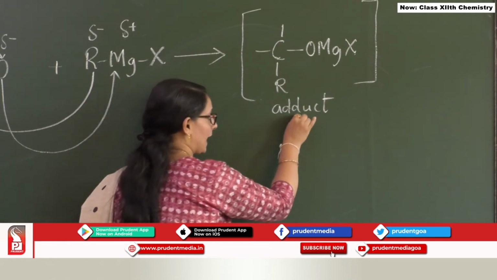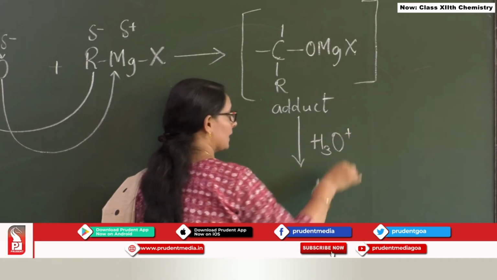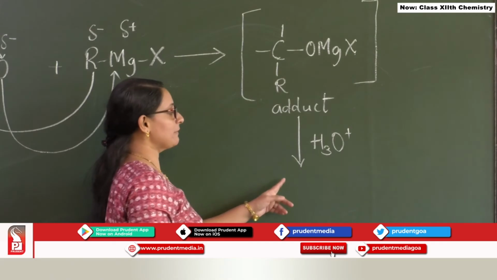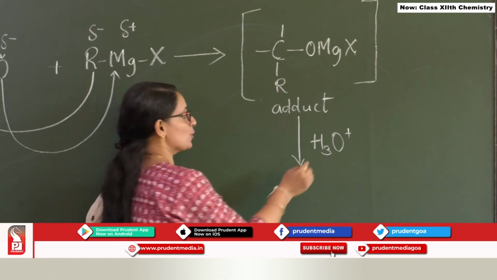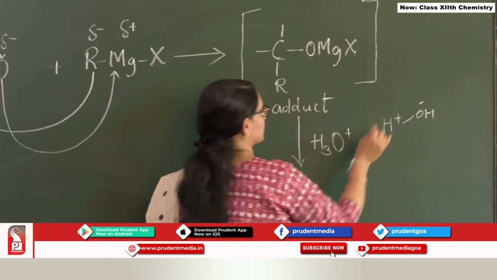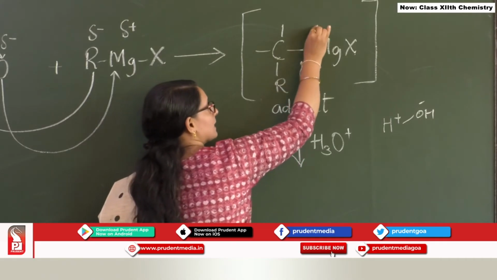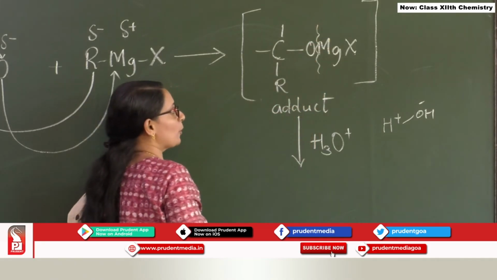Now this adduct has to be hydrolyzed in the acidic medium. Actually we are adding water there. So how can we show water? H plus and OH minus ions. So when water is added in the acidic medium, this is getting cleaved or broken.